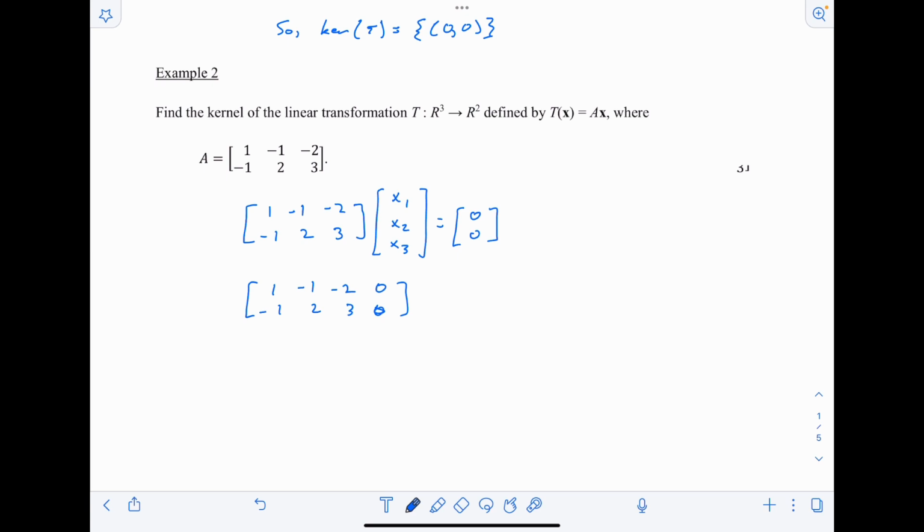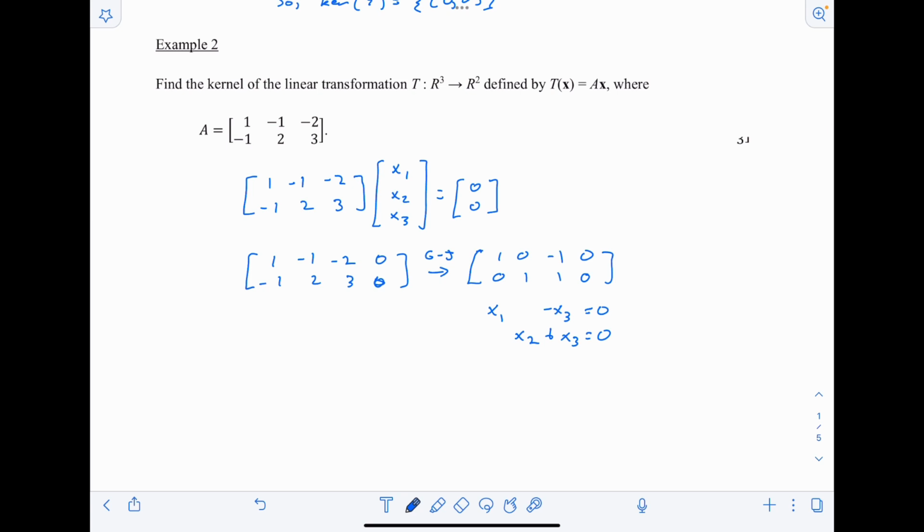If we apply the Gauss-Jordan elimination method, this gives 1, 0, negative 1, 0. You can use technology to do this if you'd like, or do it by hand, either one. What that gives us is x1 minus x3 equals 0, and x2 plus x3 equals 0. Those are the equations we get out of that reduced row echelon form.